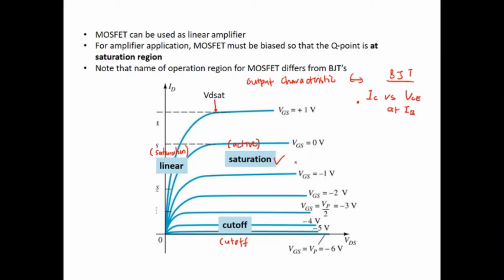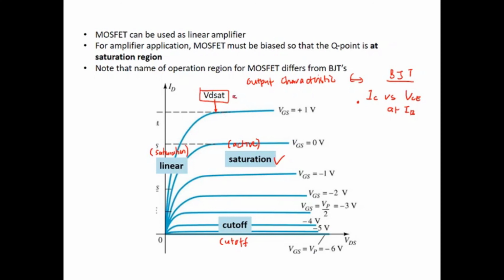In this output characteristic, there is another important parameter. We call it VDS sat. VDS saturation is the point where the voltage at the drain source, where the drain current starts to saturate. So this is the point where the current starts to saturate at a fixed value.